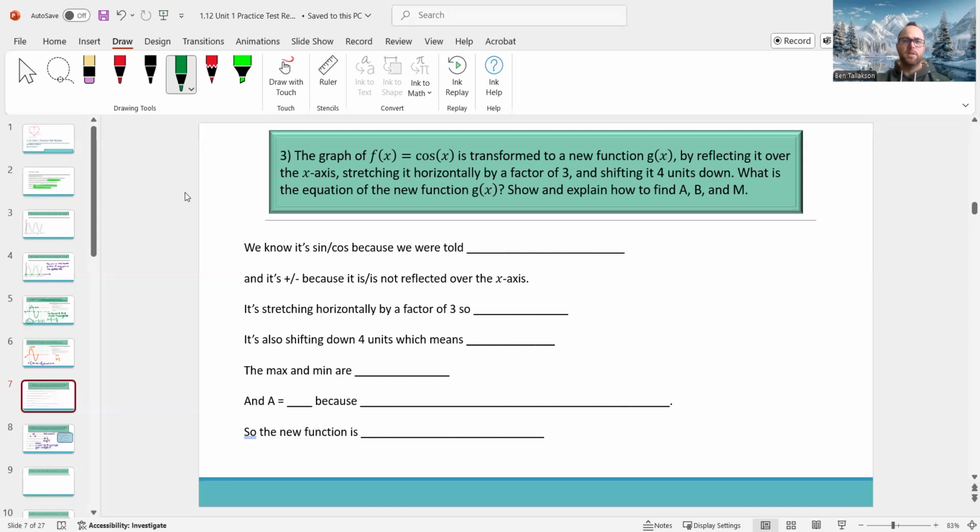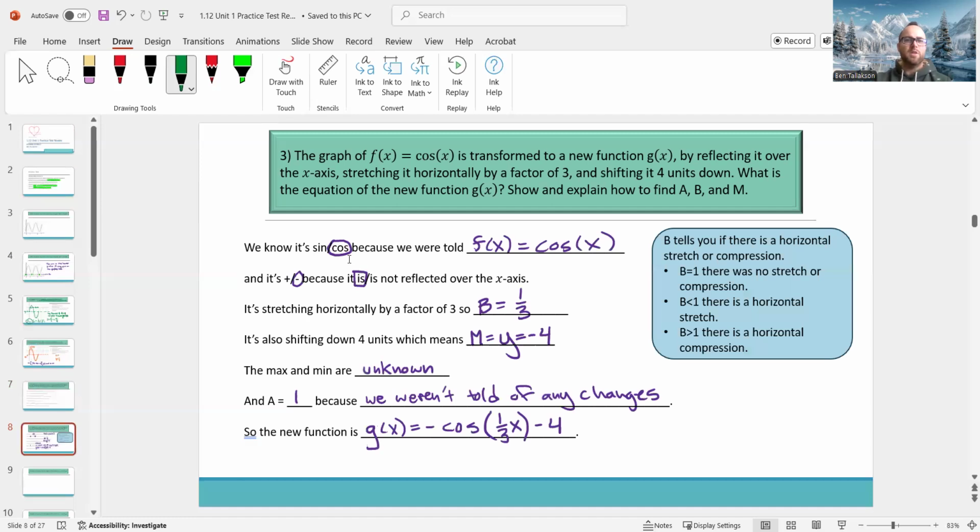And now let's do it together. We know it's a cosine function because we're told right here, f of x equals cosine of x. Great. And it's negative because it is a reflection over the x-axis. They told us that right here, reflecting it over the x-axis.